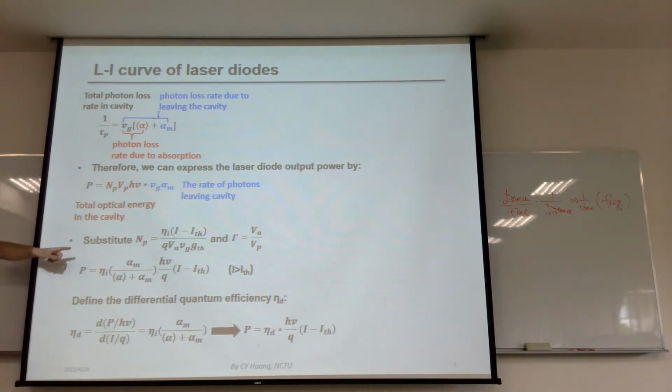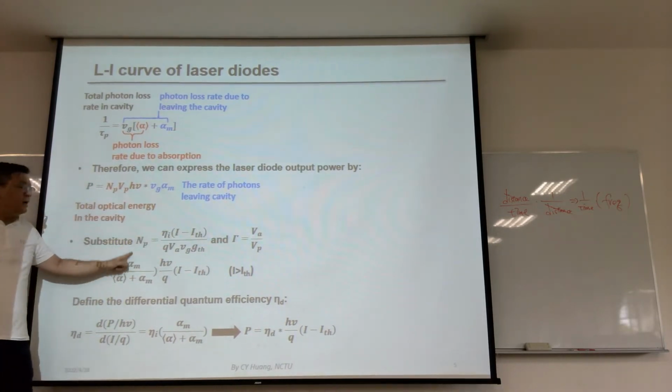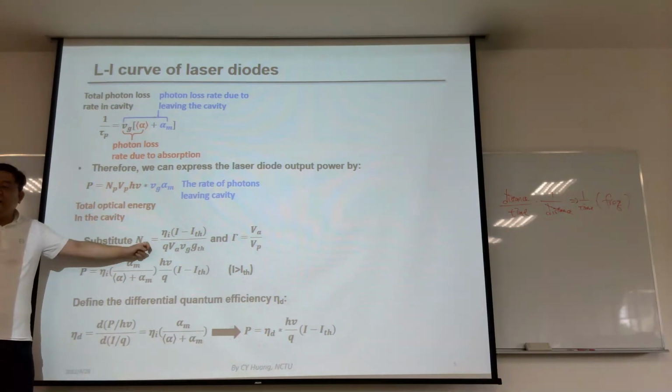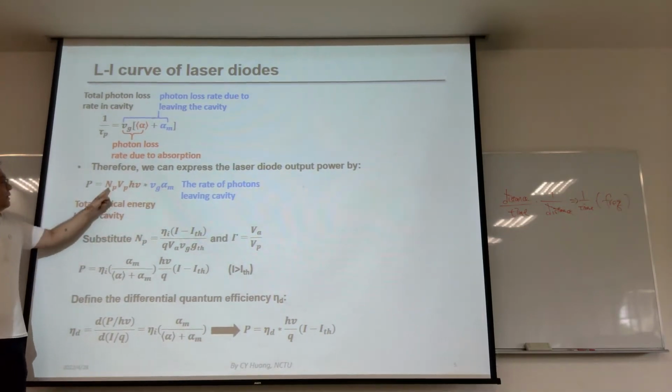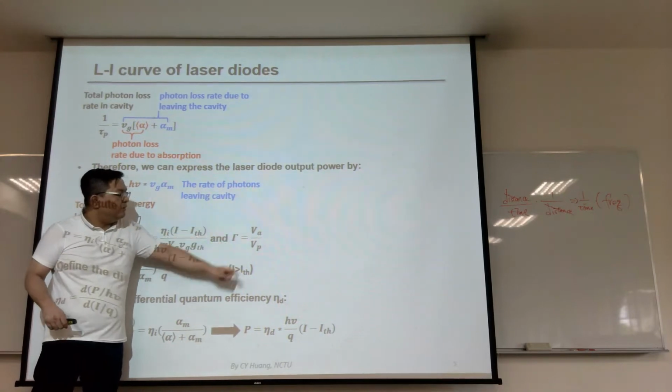Then you can substitute the NP here with the rate equation of carrier. Put it back and let tau be equal to VA over VP.